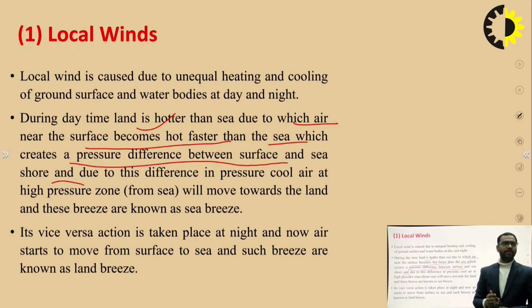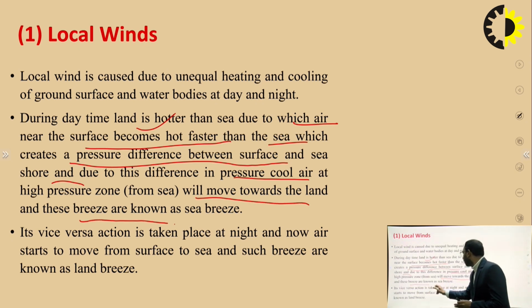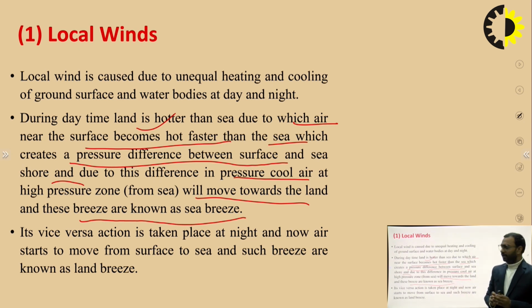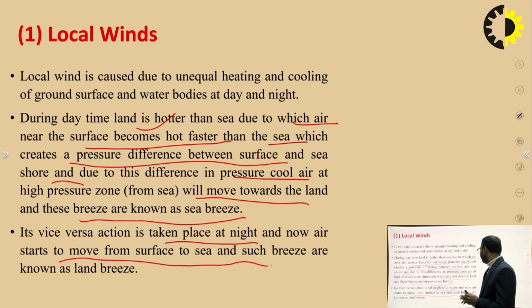Due to this pressure difference, cool air at high pressure from the sea moves towards the land, and this breeze is known as sea breeze. The vice versa action takes place at night, and now air starts moving from the land to the sea, and such a breeze is known as land breeze.